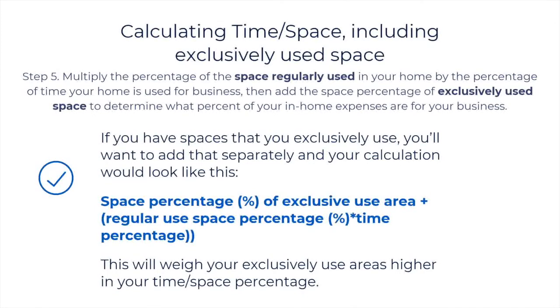Then you want to add separately the space percentage of exclusively used space to determine what percent of your home expenses are for your business. By doing the calculation this way, you will have a higher time space percentage for your business use of home because you are capturing the space that you use exclusively in addition to the spaces that you use regularly, which are subject to time space.